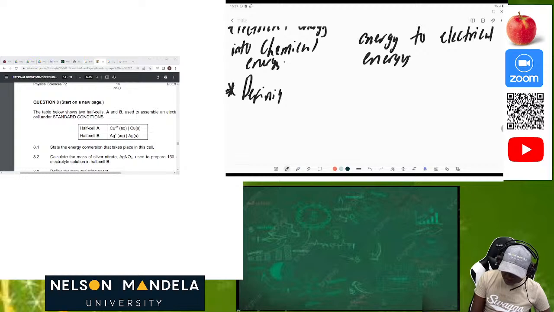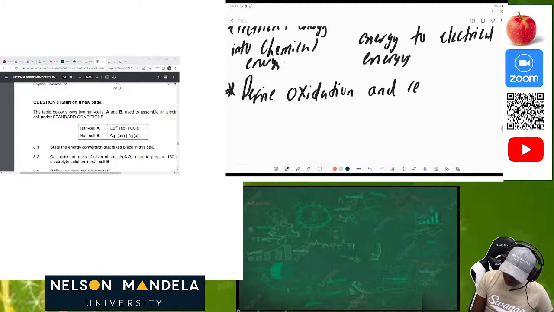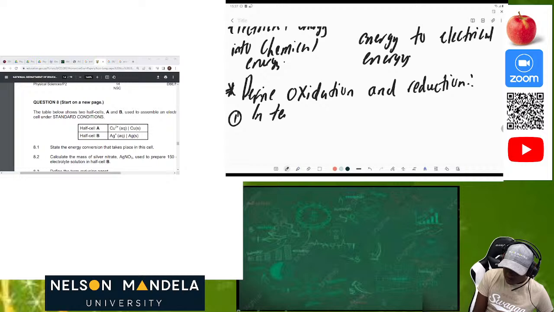Now we want to define oxidation and reduction. We said the first one, we're going to define oxidation and reduction in terms of electron transfer.